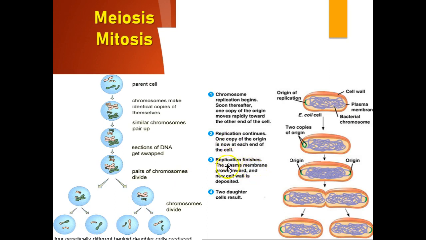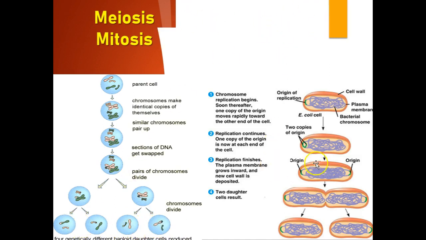Replication finishes, and the plasma membrane, which is the outer portion of the cell that protects the cell, forms, and then the end product is two daughter cell units. Each daughter cell unit has the same number of chromosomes, one like the other.